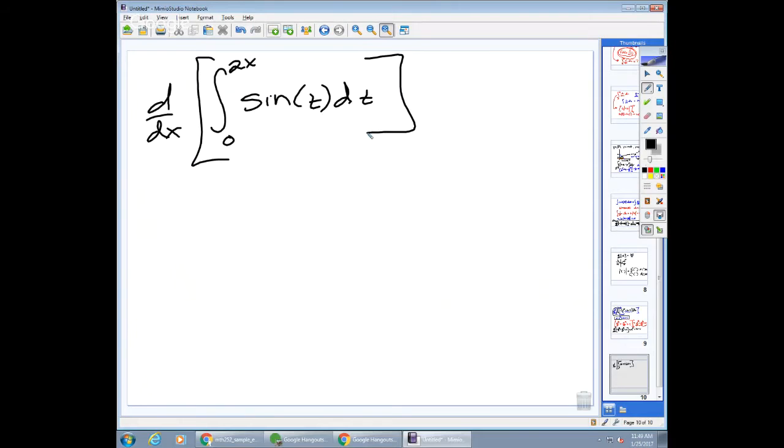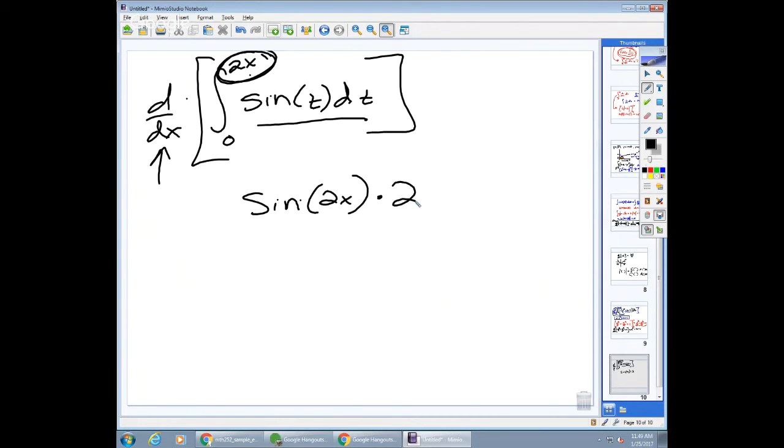And the catch here is that this is not just a mere x. If we take the derivative of a function, and we have a function within that, the chain rule applies. So a straight shot on the fundamental theorem says you should get the sine of whatever that upper boundary is, 2x. But the chain rule says you better multiply by the derivative of the inner function. The derivative of 2x is 2. So the answer here involves the chain rule.